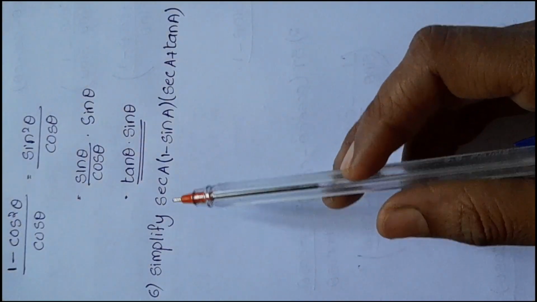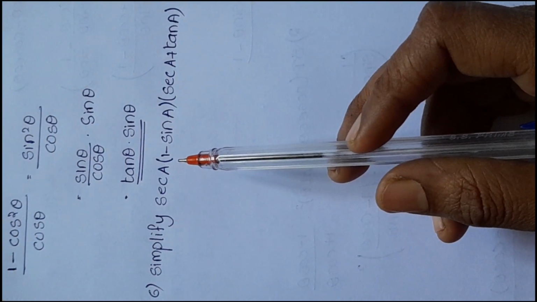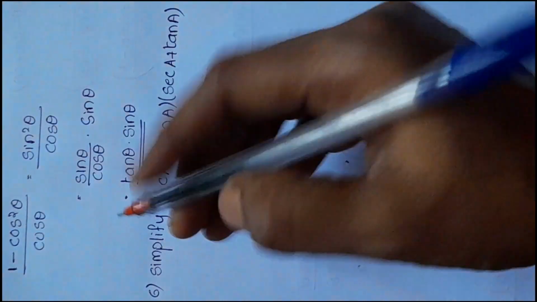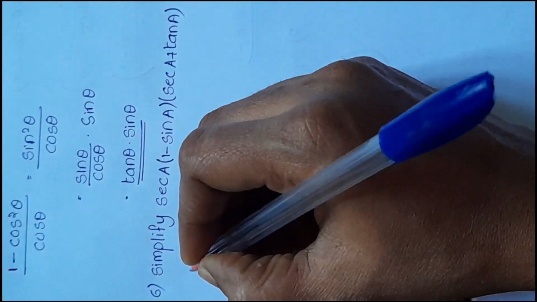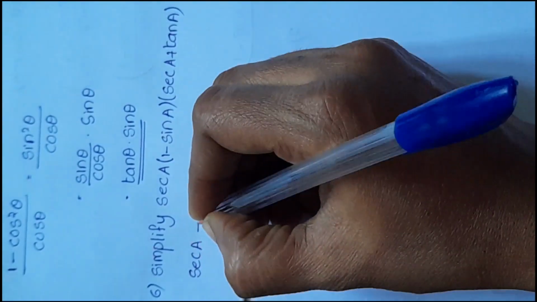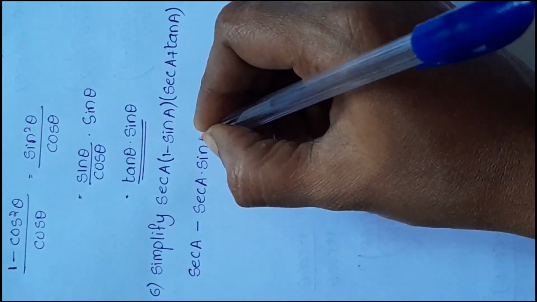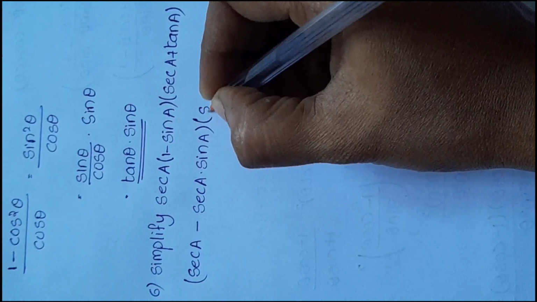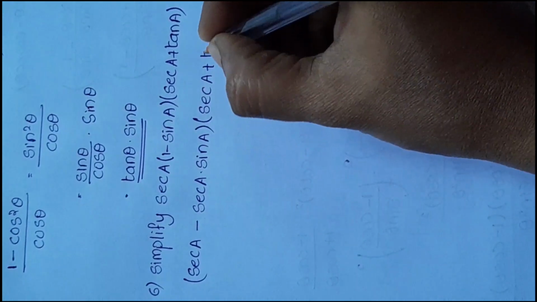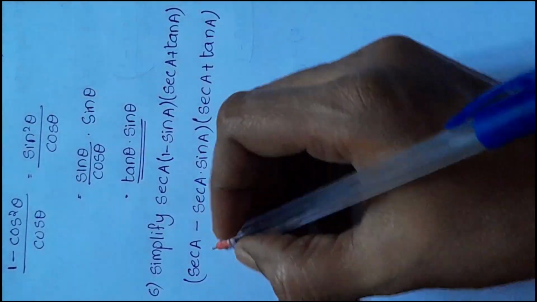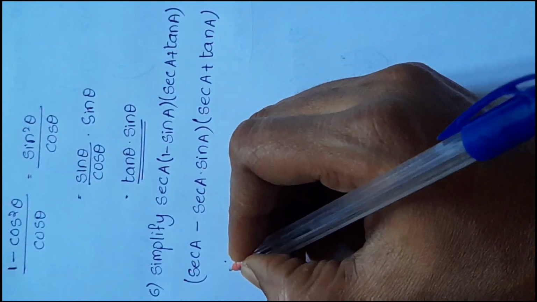Sixth question is, simplify secant A into 1 minus sin A into secant A plus tan A. Now multiplying secant A minus secant A into sin A, and secant A plus tan A. Secant can be written as 1 by cos.